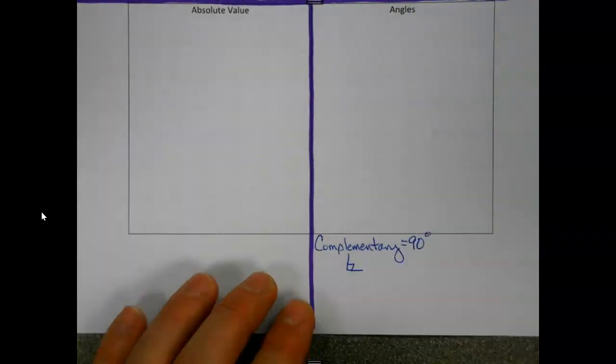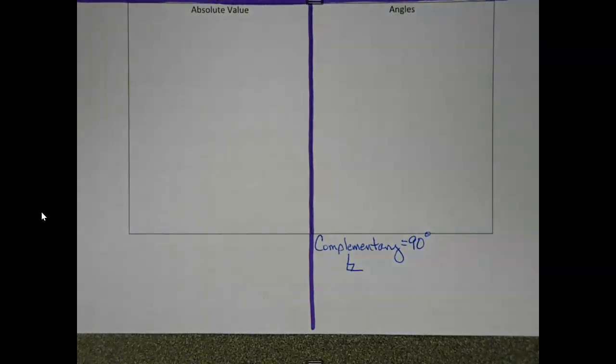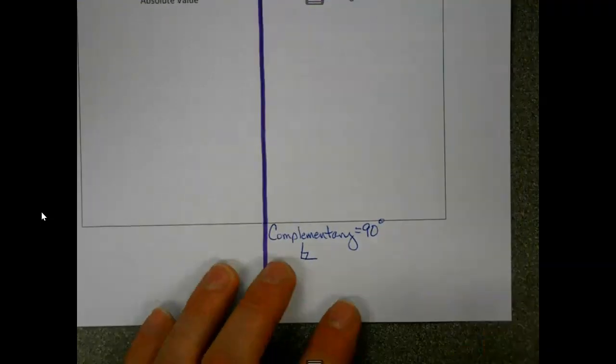So complementary, which is when we have the little right angle thingy, is 90 degrees. So I'm looking at my sheet here again. Hopefully I've been doing them along with us as we go.